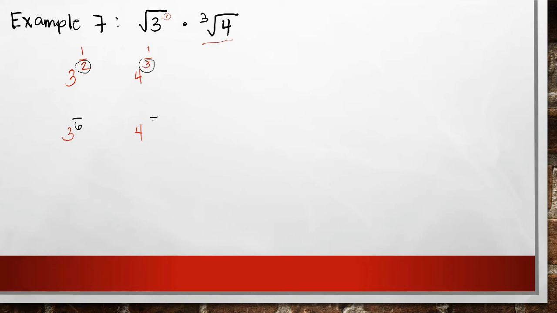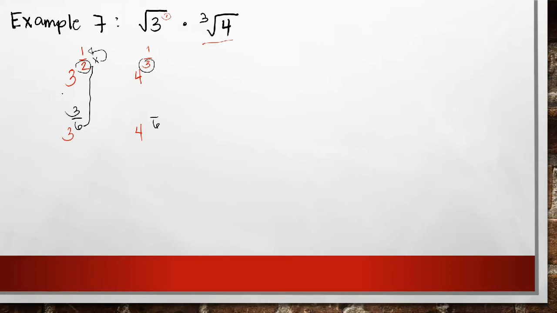So what are we going to do next? Let's proceed with division and multiplication. Divide the LCD by the first denominator, which is 2, giving 3, and then multiply it by the numerator, which gives 3. That is the new numerator, 3.